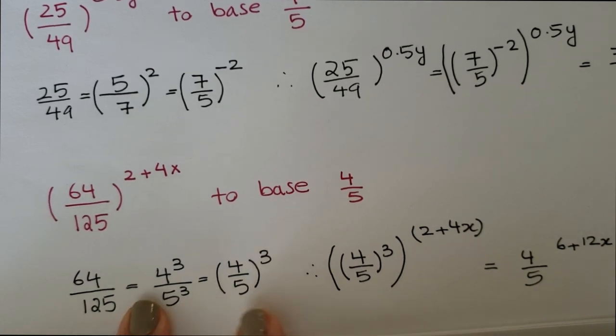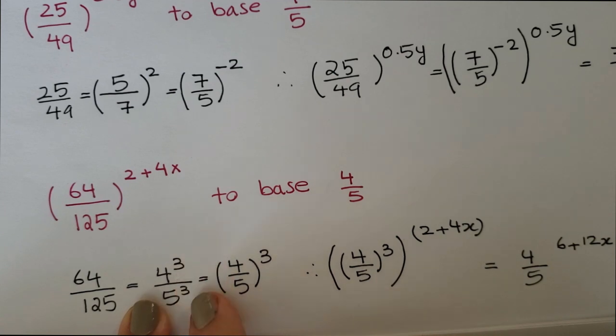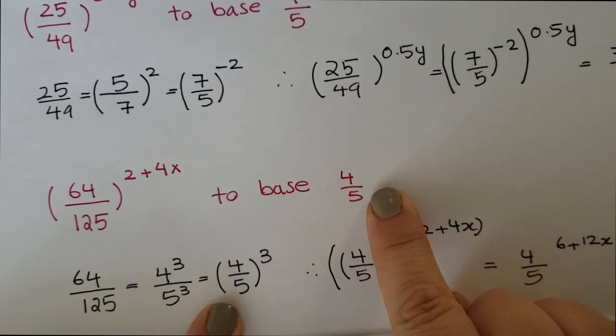So from here to here, because the exponents are the same, I can write it as a fraction and then give the common exponent. So 4 over 5 to the power 3. Okay, and the base is exactly as what is required.